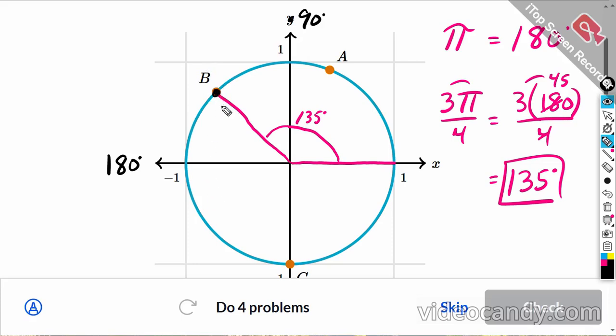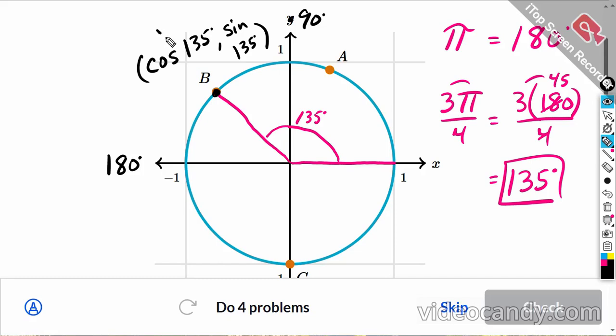Now, the x and y coordinates of this point: the x-coordinate is the cosine of theta, but we said theta is 135. And the y-coordinate is the sine of theta. So that would be the sine of 135.